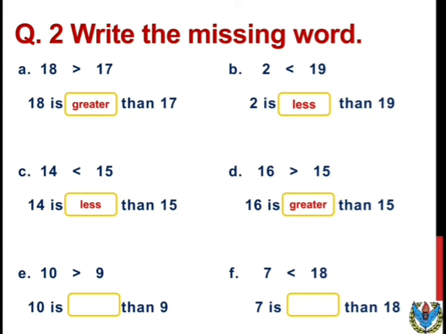So when we write it in words, we will write it as 10 is greater than 9. Look at part F. 7 is less than 18. हम इसको वर्ड्स में किस तरह से लिखेंगे? हम लिखेंगे 7 is less than 18. L-E-S-S, less.